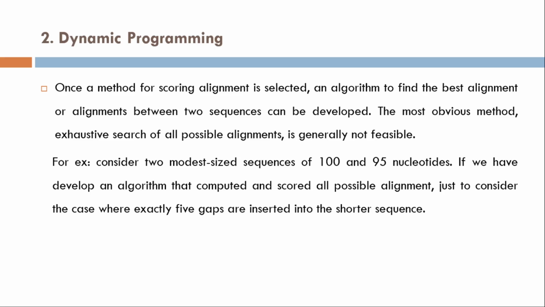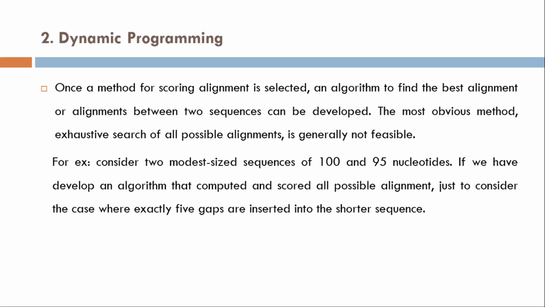Once you go for the global alignment, you will come to know that there are a total of 5 gaps. If sequence number 1 has 100 amino acids in length and sequence number 2 has 95 nucleotides or amino acids, whatever, there should be a total of 5 gaps.